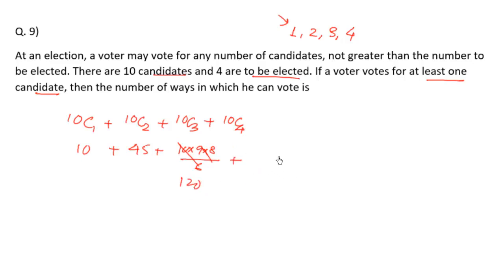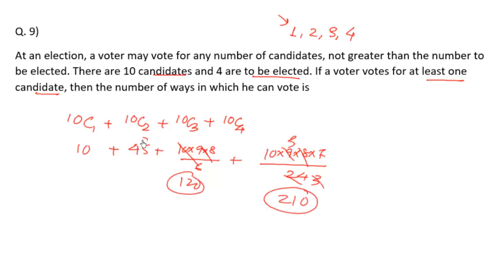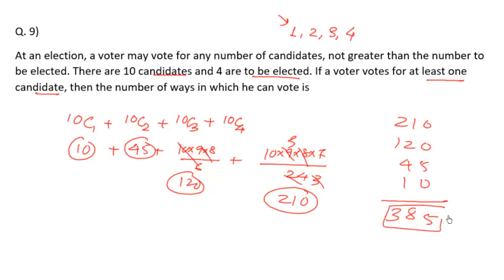And 10C4 is 10 into 9 into 8 into 7 divided by 24, which comes out to be 210. So we have to add these 4 numbers, right? 210, 120, 45 and 10. So 385 becomes the right answer.